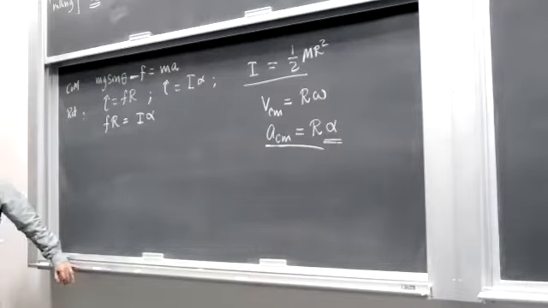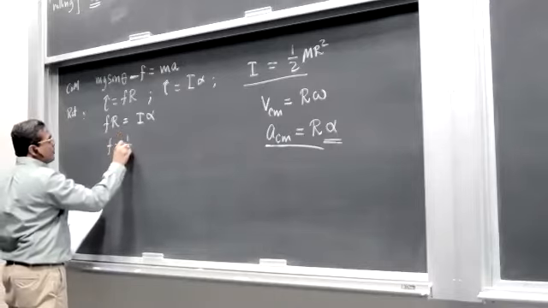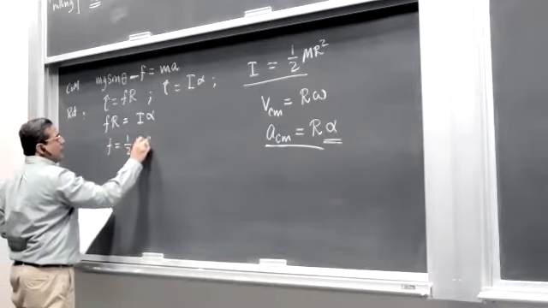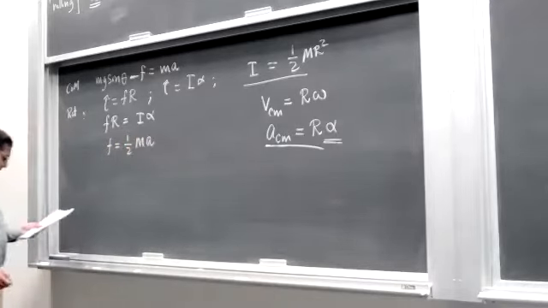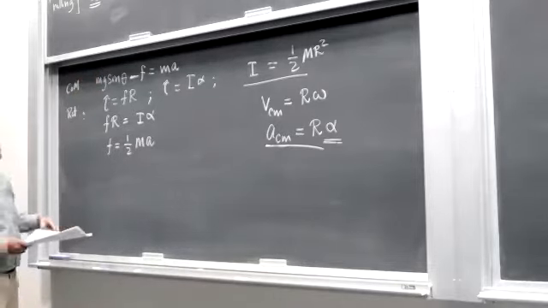Sir, half MA? Half MA, very good. F is equal to half MA. So we have found the expression for friction, not using the traditional definition F equals mu N, because it is no longer valid.